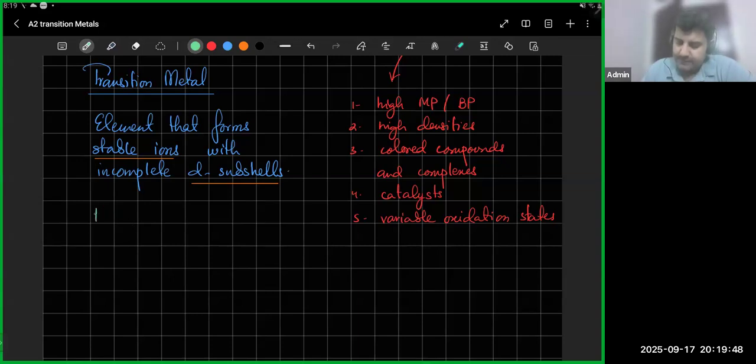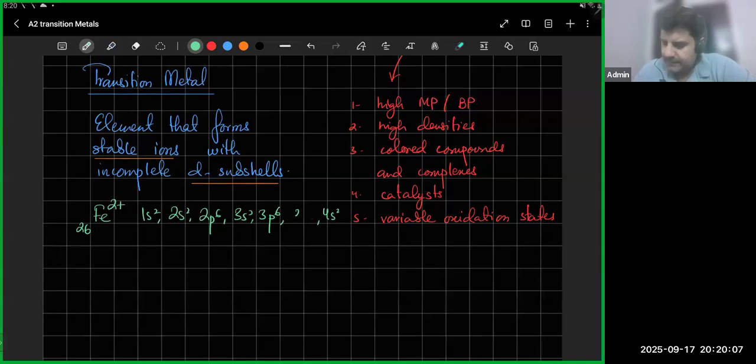So for example, I've got iron. Iron has a stable ion which is 2 plus. It's got 26 electrons, so the electronic configuration is 1s2, 2s2, 2p6, 3s2, 3p6, and then 4s2 and 3d6.